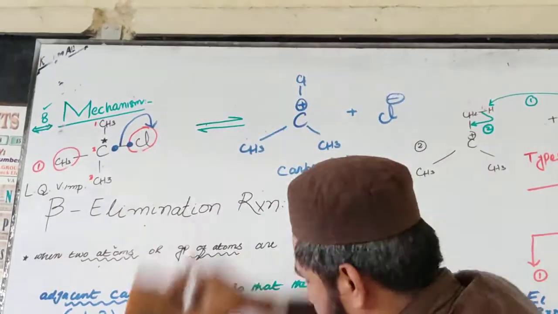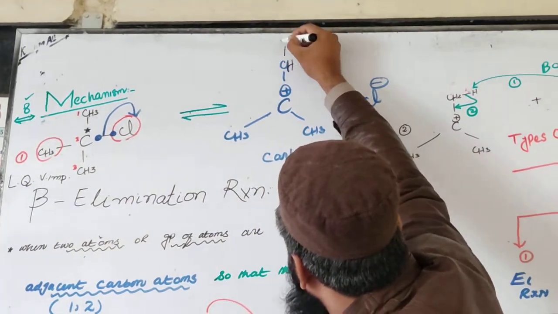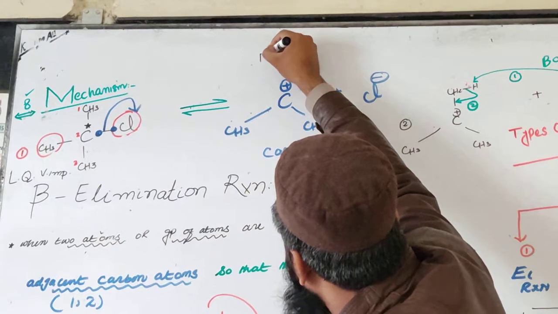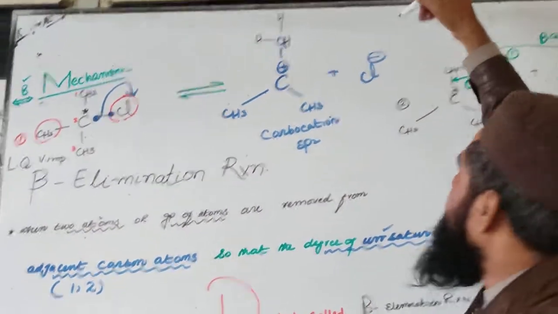If this is one H, this is another H, and this is another H, the base comes. What is the function of the base? The function of the base is to abstract a proton.